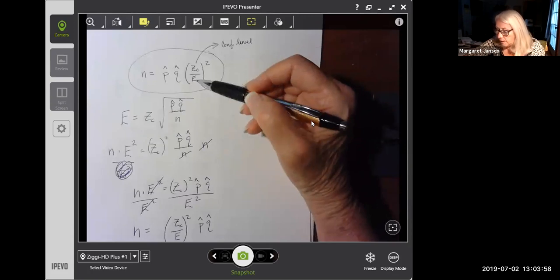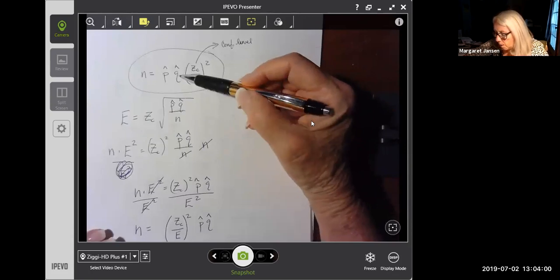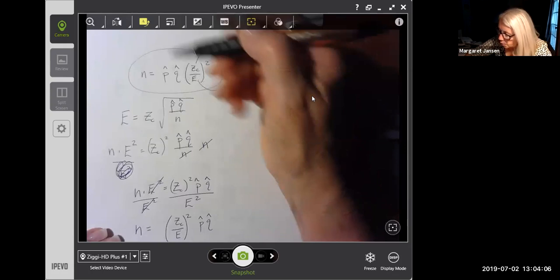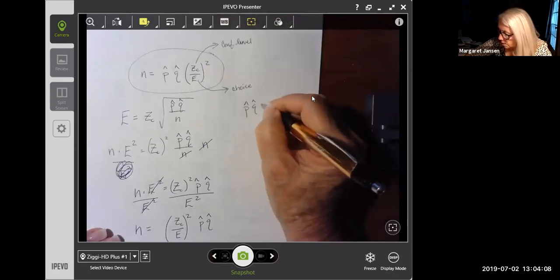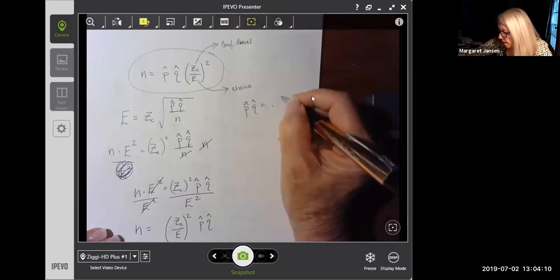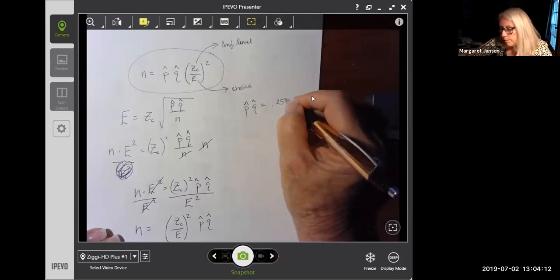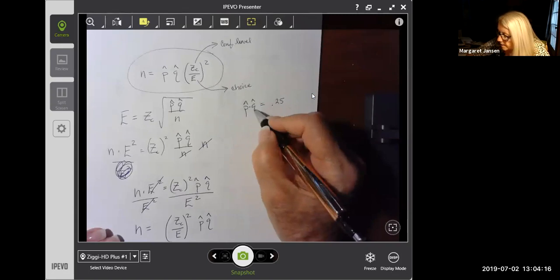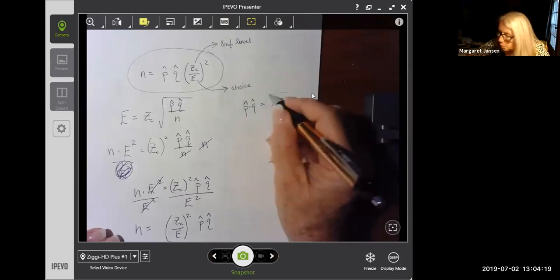Then this is based upon either a prior estimate, or you can use the number 0.25, because it turns out that p hat times q hat, the largest it can ever be is 0.25.